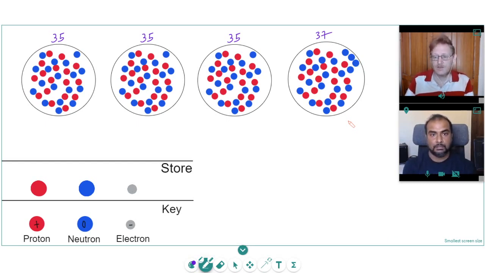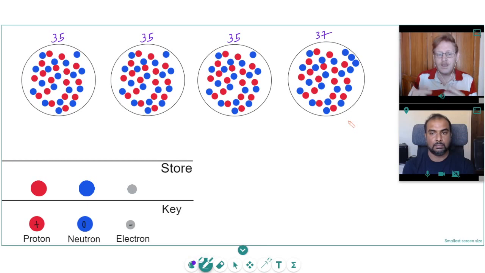Excellent. So that shows us all the particles in the nucleus. And to work out an average, which is what a relative atomic mass is, it's the average mass of all the nuclei that exist, all of the isotopes of elements.